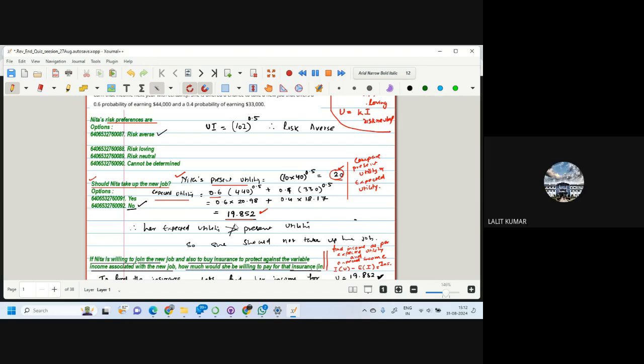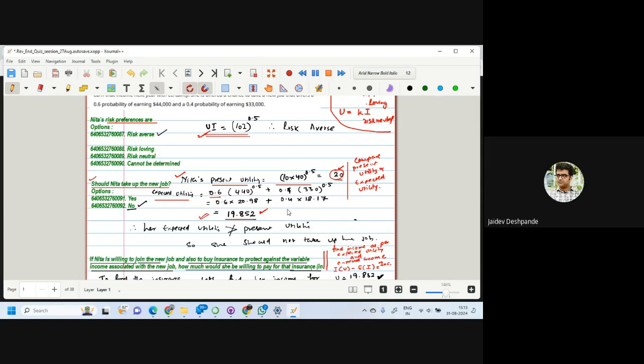Okay, so for this particular question, we had to take the utility only, here this is the present utility, and this is the expected utility. Do you have any hints as to whether here we considered the expectation of the utility?